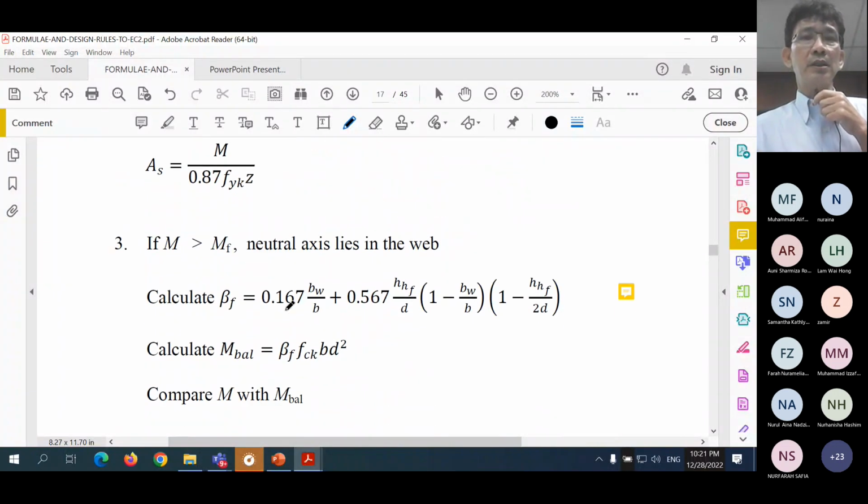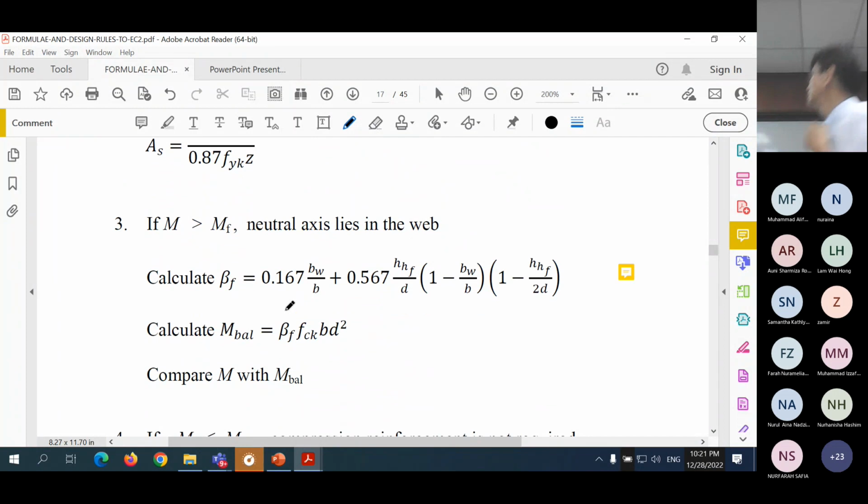If the neutral axis lies in the web, there are more calculations that we need to do. So first thing, we calculate beta F. Again, there are some mistypes here, class. This should be beta F equal to 0.167 BW over B plus 0.567 HF over D, 1 minus BW over B, multiplied with 1 minus HF over 2D.